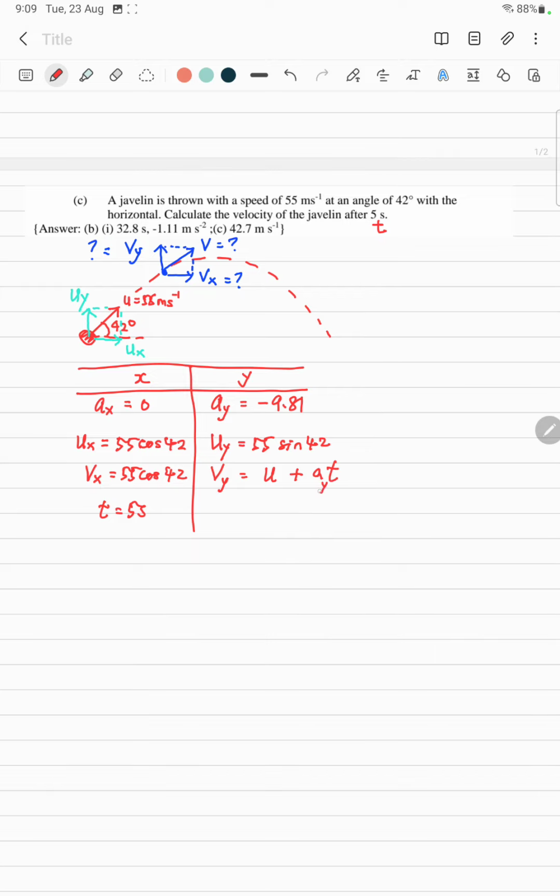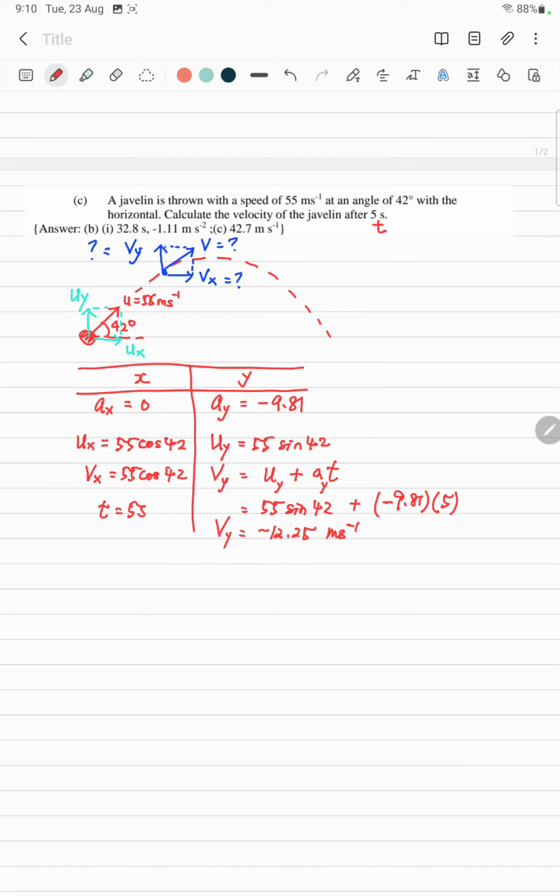But now I do it for component Y. So Uy is 55 sine 42 plus AY is negative 9.81. So the time is 5 seconds sebab kita nak cari velocity component Y at 5 seconds. So the Vy will be around negative 12.25 meter per second.